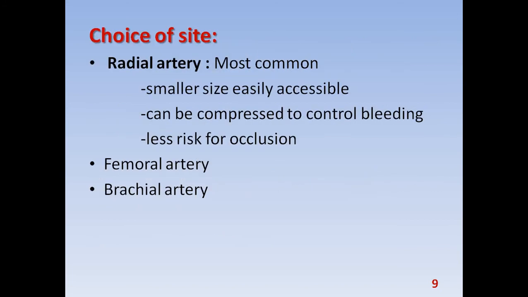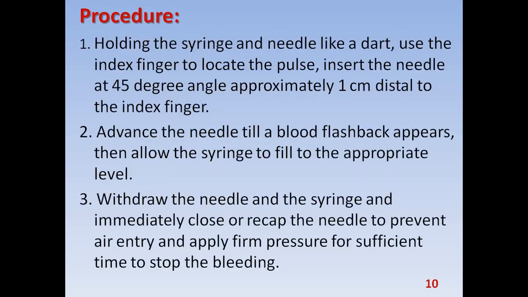The common site of sampling is the radial artery, the most common, because it is smaller in size and easily accessible, it can be compressed to control bleeding, and there is less risk of occlusion. And even if it's occluded, there is the ulnar artery to compensate for some time. The next one is the femoral artery, and we can also take from the brachial artery.